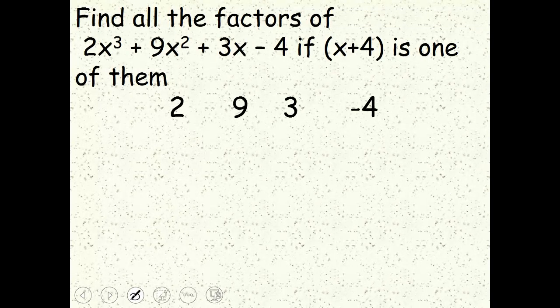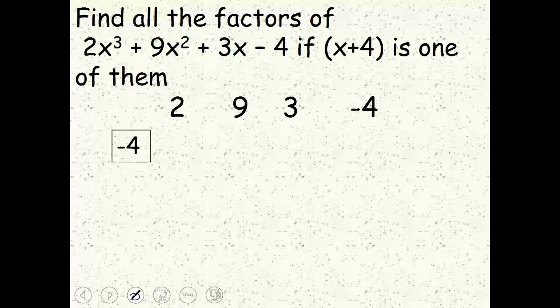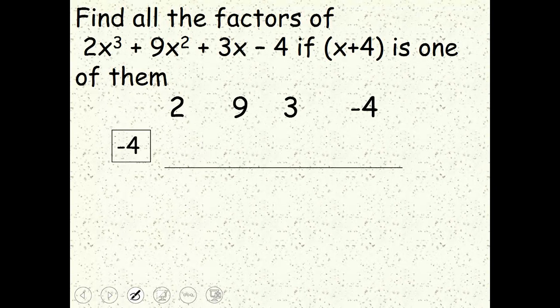So let's see, if x plus 4 is a factor, that means that the root is negative 4. Sure enough, there's no remainder, which means that x plus 4 is a factor.